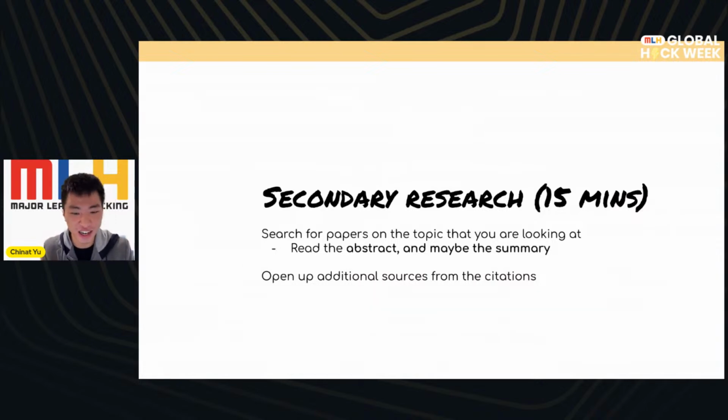In addition to reading academic papers, you can also read articles, blog posts, or just look at what are some of the other potential solutions that exist out there. For example, with Grand Connect, when we were building out our solution, we looked at other existing platforms that help to connect grandparents and grandchildren.